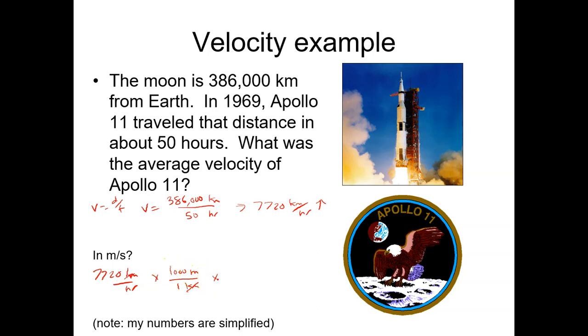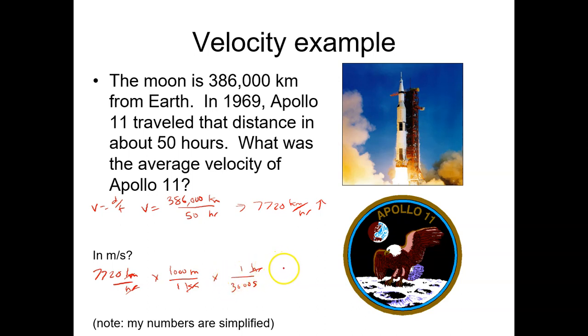And then also, I had to get rid of that hours in the denominator and replace it with seconds. So I want my hours in the numerator and my seconds in the bottom, and 1 hour was 3,600. So now my hours are canceled, and I'm left with meters per second as my unit label.